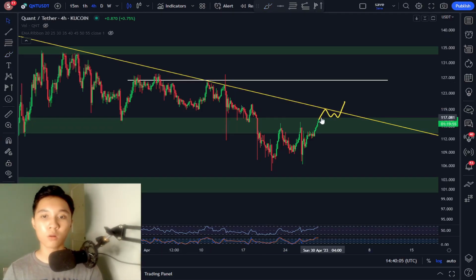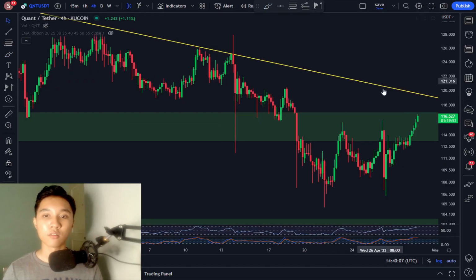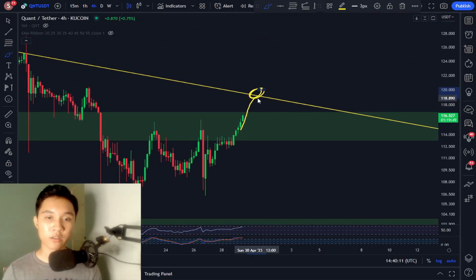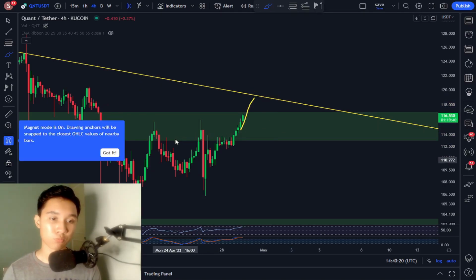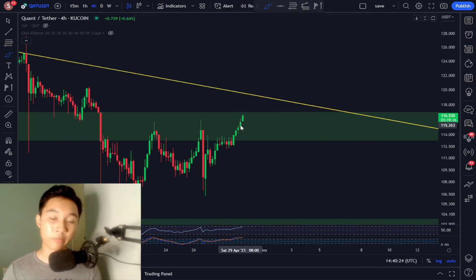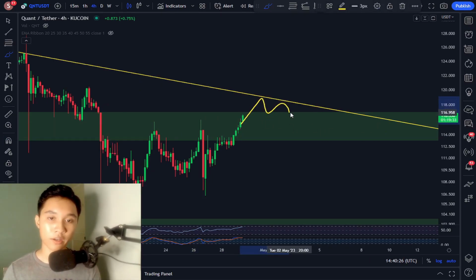However, if the Quant price instead fails to break above, let's say we get rejected right here, then basically expect the Quant price to continue dumping to the downside and maybe flip this support zone into resistance once again, because again, in the future we may be seeing a squeeze for the Quant price, and therefore a big move is about to happen.